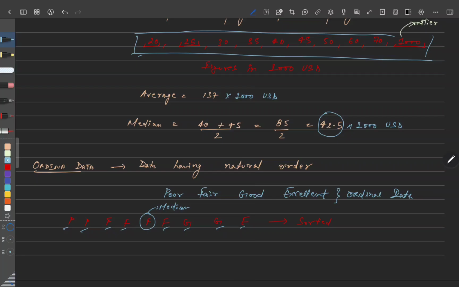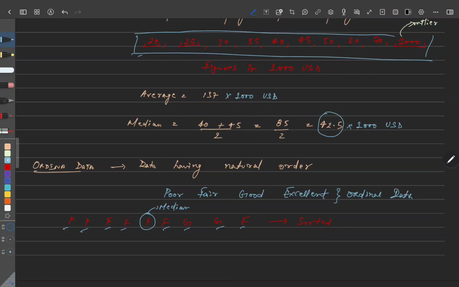We cannot find average of this data, so median works best here. There is no other option as such, right? This is an example of ordinal data, as I already mentioned, and the median is the rating fair. So you can say that in this data the median rating is fair, which will directly tell you that the median rating or the fair rating is the best representative of all the ratings in your data.